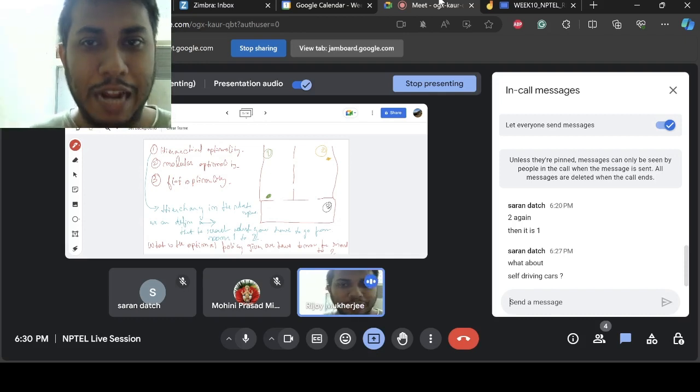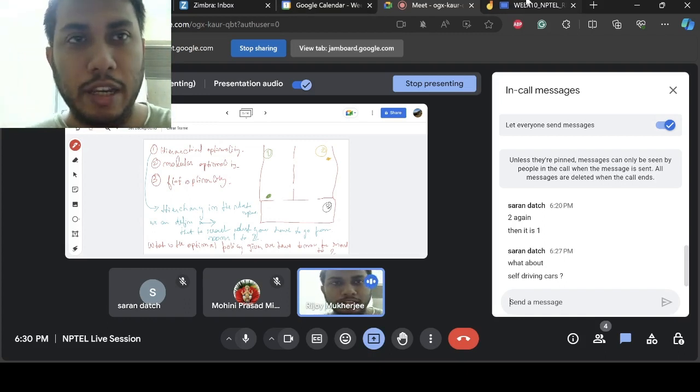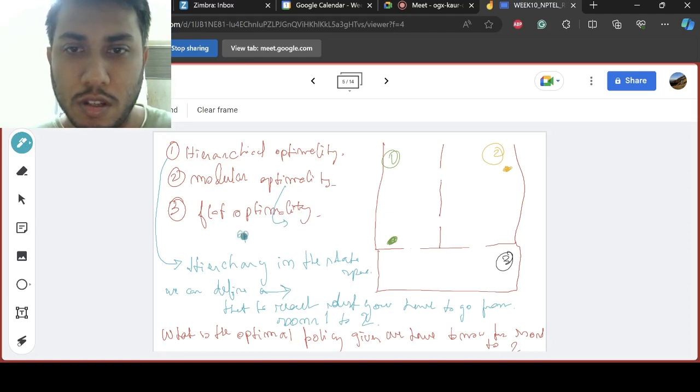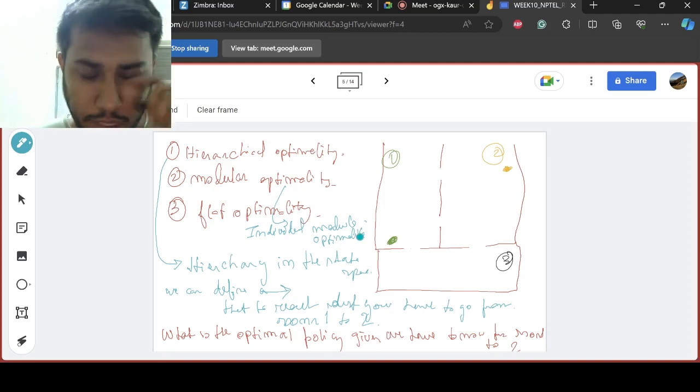And let's think about the modular approach. Let me define the modular optimality also. The modular optimality guarantees individual module optimality, right?